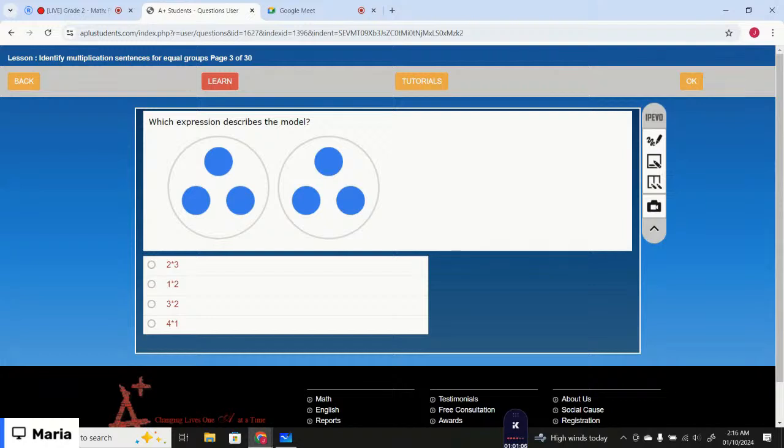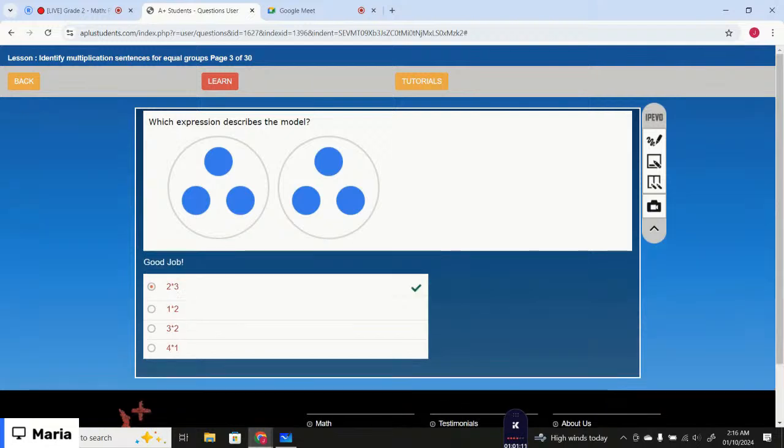Very good. Option number 1 is the correct option. You have two groups and three dots each, so that is 2 times 3.